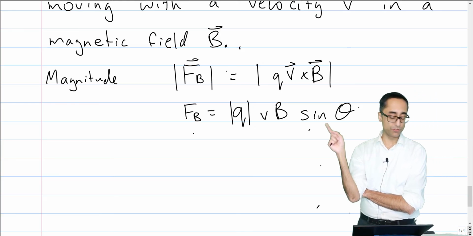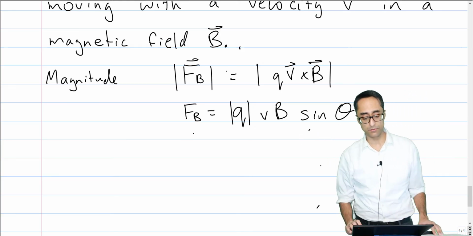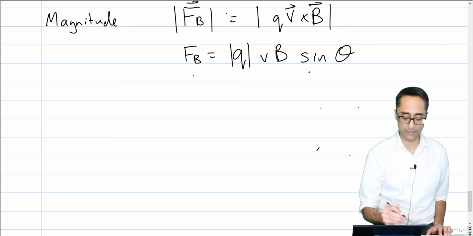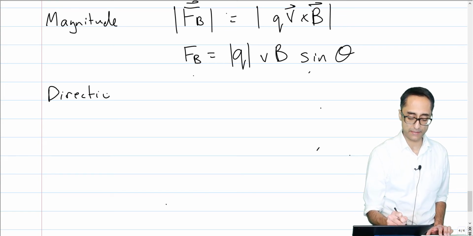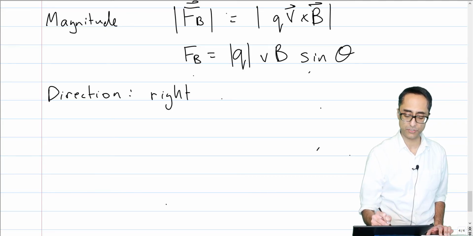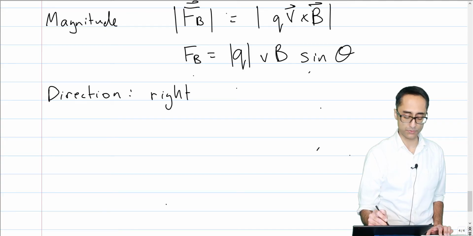If I want to find the direction, what do I use? Well, I'll use my right-hand rule. We have a classic equation that is a cross product, and the answer is also a vector. We'll get that from the right-hand rule.